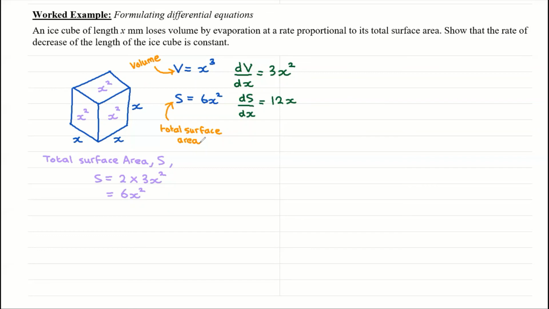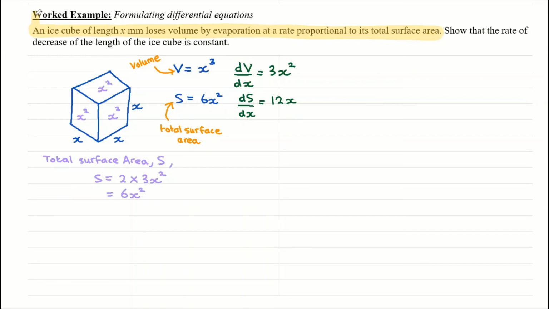Now, going back to the statement at the beginning, like I said, we've written down a lot of information here, but what we're told in that first sentence is something absolutely key. We're told that an ice cube of length x loses volume by evaporation at a rate proportional to its surface area.